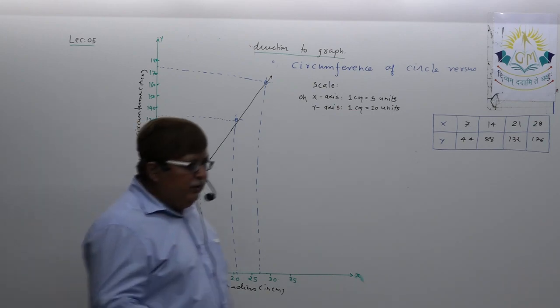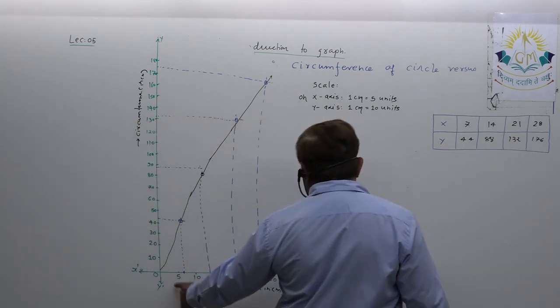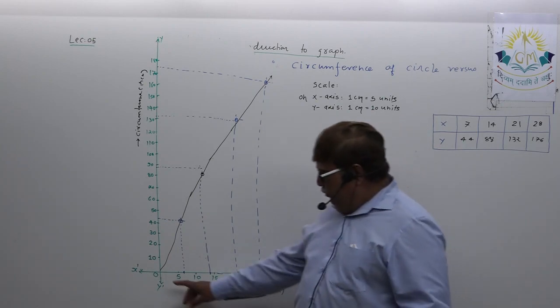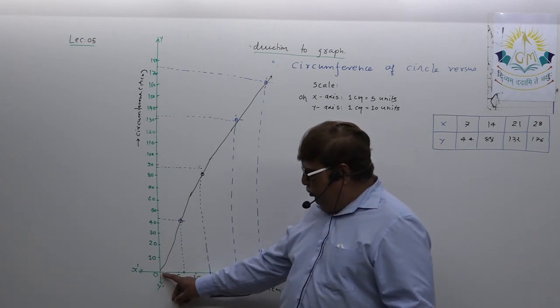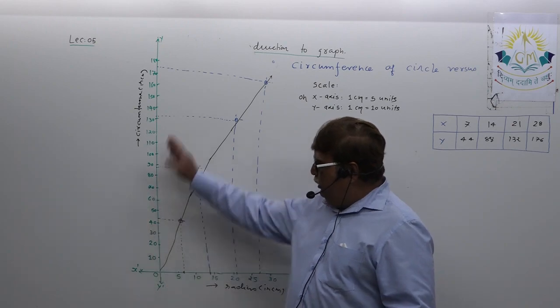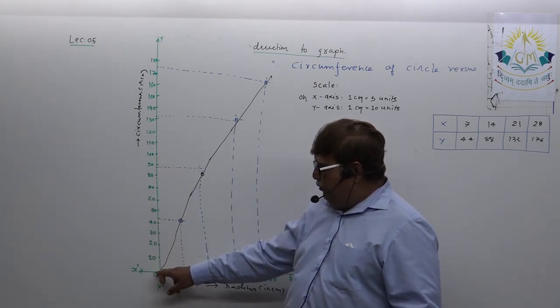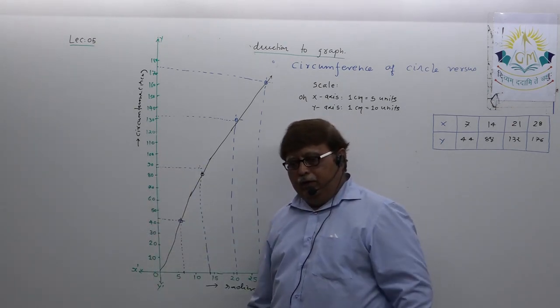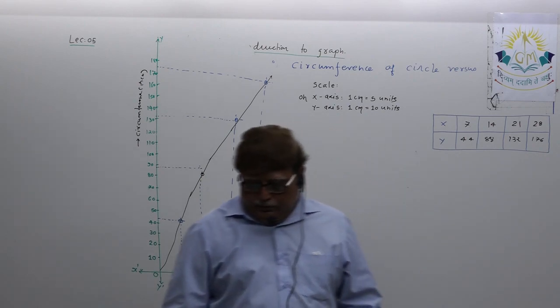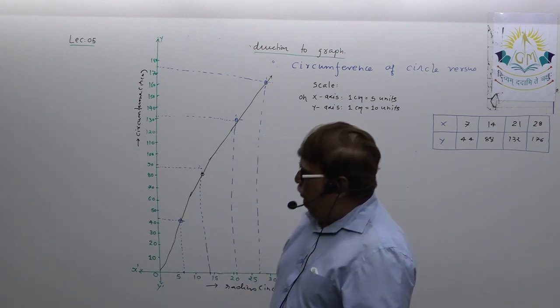Mind it. Understand? Here we have taken the scale of 5. So every 2 lines will be 1. Here we have taken a scale of 10. So every one line will be 1. You understood this? Just verify this.